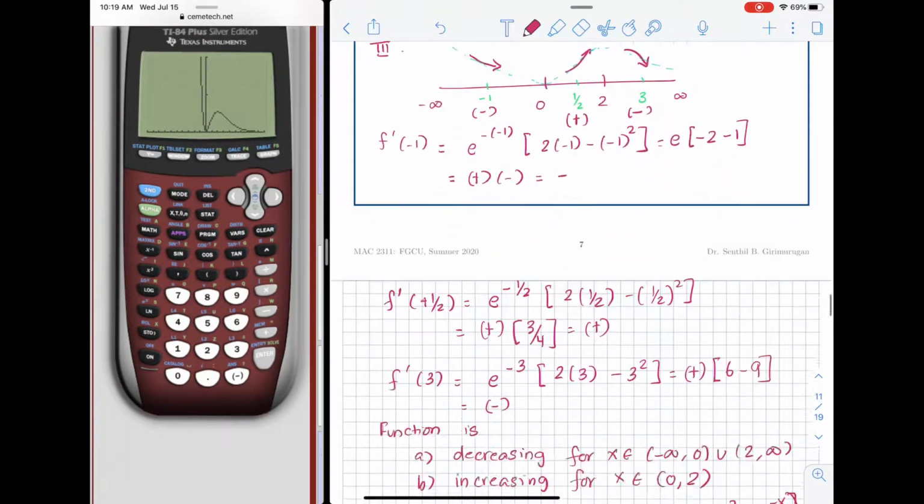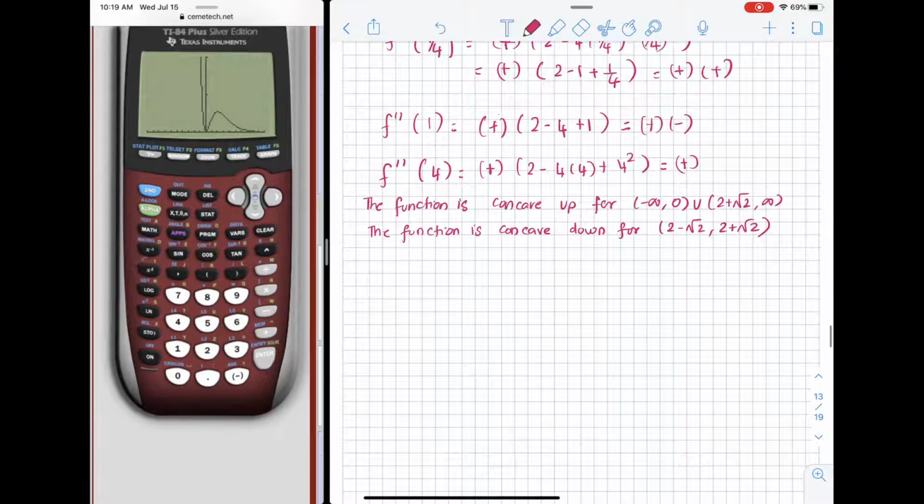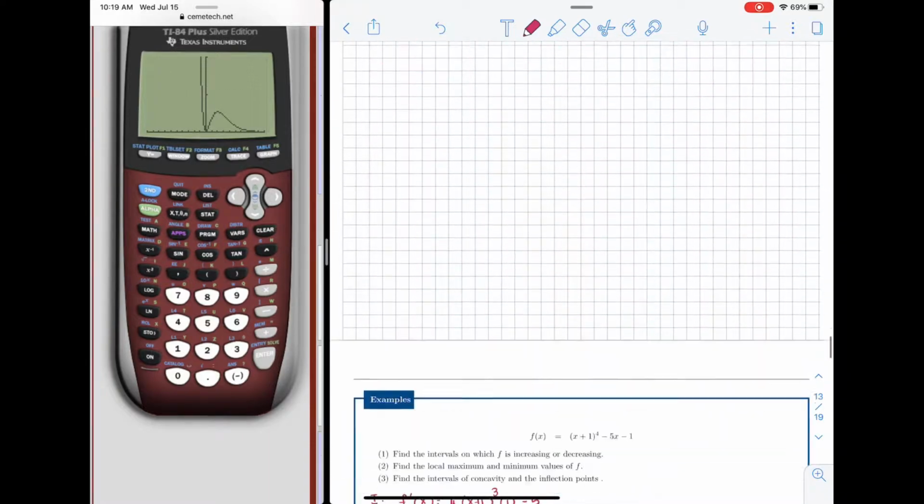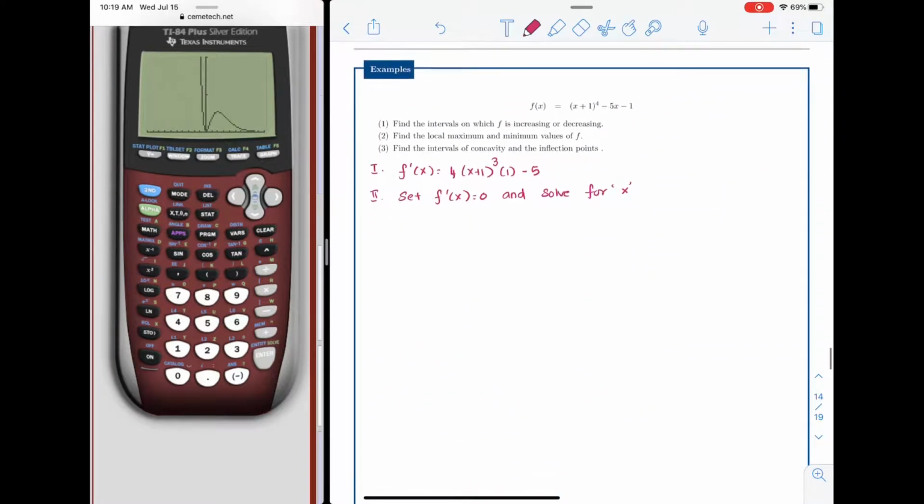In the previous problem, the local minimum is at x is equal to 0, and the local maximum is at x is equal to 2. Sorry, I forgot to write that. Okay, moving on.